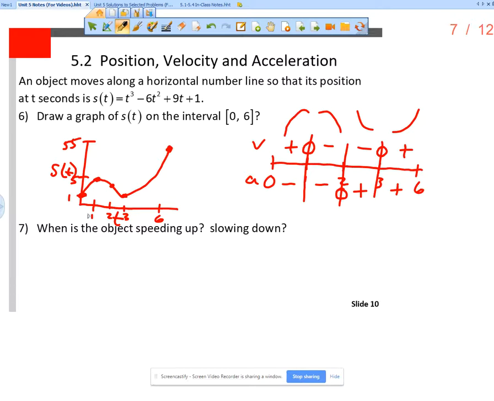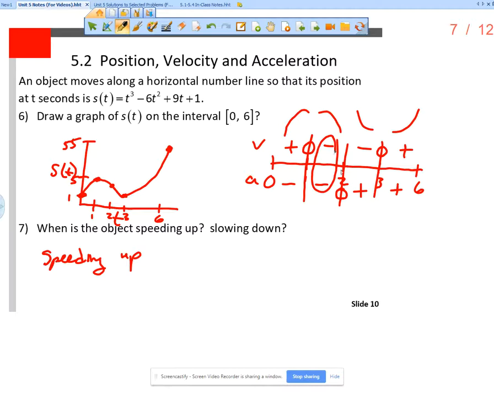Maybe I kind of knew that, but we could take our double sign analysis and go back over here. And remember, we already did the critical number test, so we knew the y values. Now that double sign analysis makes number 7 really easy. When is the object speeding up? Speeding up means that velocity and acceleration have the same sign.